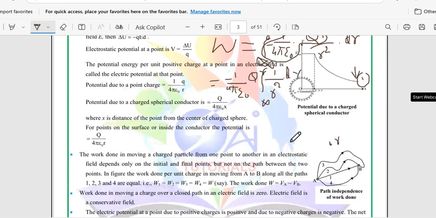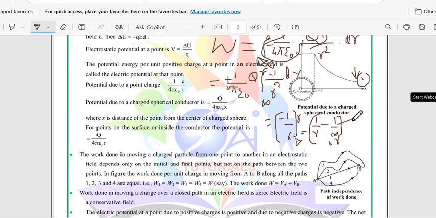The integration of 1 divided by R square becomes minus 1 divided by R. Putting the limits infinity to R, it becomes 1 divided by R minus 1 divided by infinity.